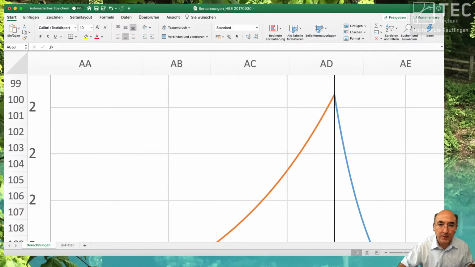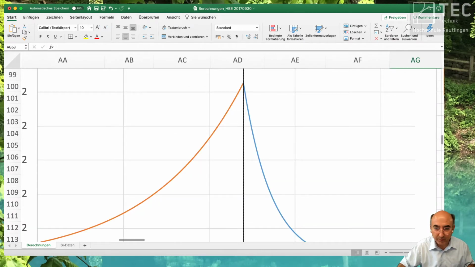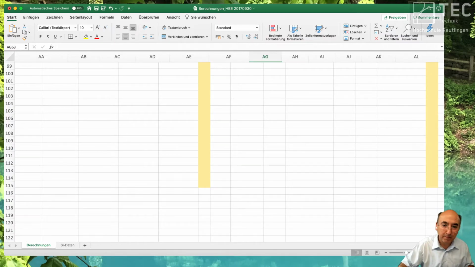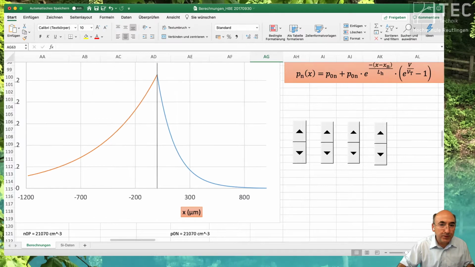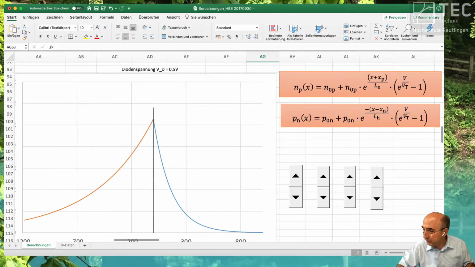And this is also visible in the Excel sheet. One moment. I'm zooming back, or I try to zoom back. Has it worked? No? Okay, now we have it. Do you see the applied voltage? Yes, you see. 0.5 volts. Now I set it to 0 volt.